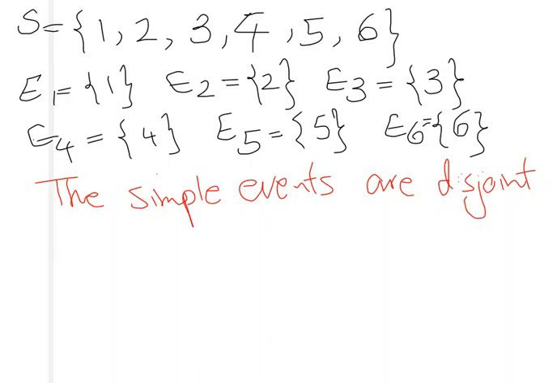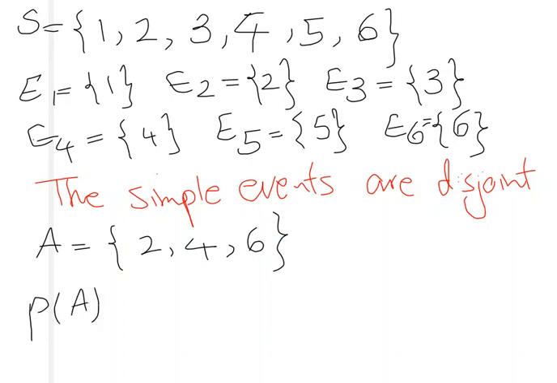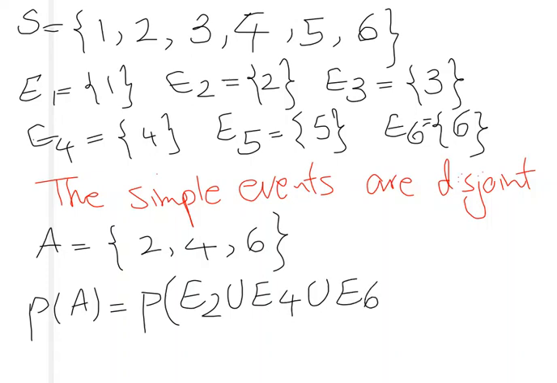So from axiom 3 for a finite collection of disjoint events, we can say, for example, for A as 2, 4, 6, we can write the probability of A is the probability of E2 union E4 union E6.